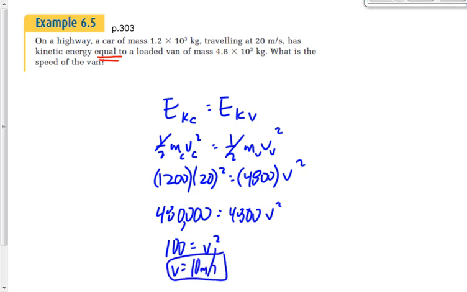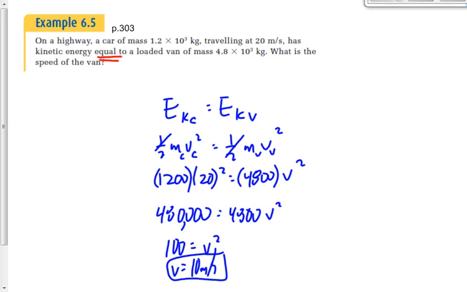So a car has 1,200 kilograms and 20 meters per second. The van has a mass that's quite a bit more. The speed is quite a bit less. Would you expect that? If it has the same kinetic energy, and kinetic energy is based on mass and speed, well then when mass goes up, speed is going to go down.